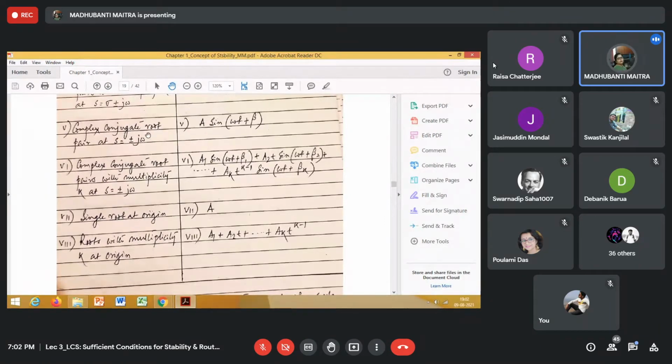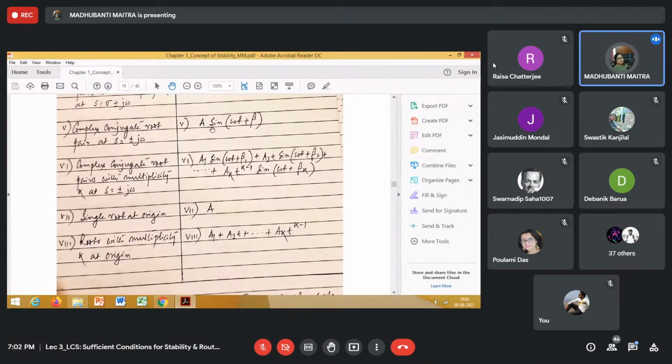Now here we see that if a simple root or pair of complex conjugate roots appears on the imaginary axis, the output response is either undamped oscillation with finite amplitude, here the amplitude is A, or a step-like response with finite amplitude, that is A, right?